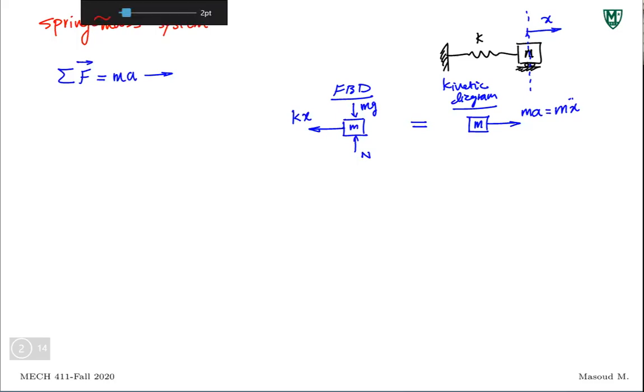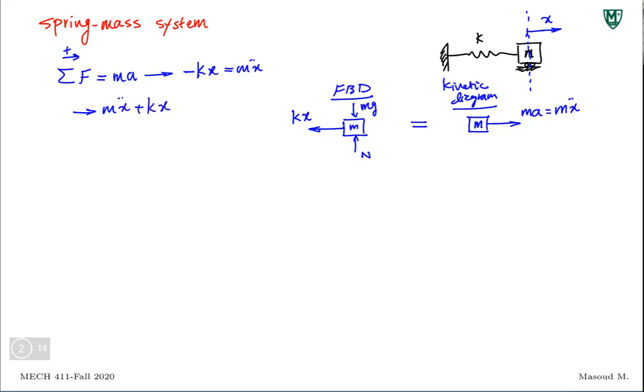Let me just put it here. This is the positive direction. Now looking at these, I'm going to get minus kx is equal to m x double dot, and from there I'll get m x double dot plus kx is equal to 0.